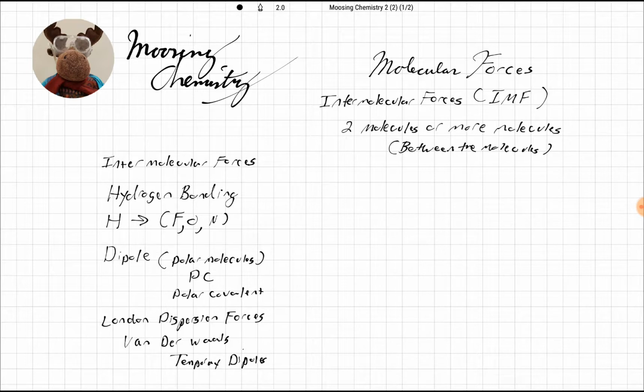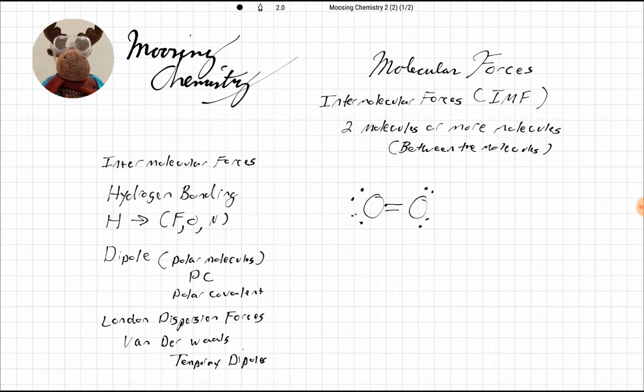A classic example of one of these guys, let's try oxygen. Okay, so oxygen looks something like this. You're going to have a double bond, and then you're going to have lone pairs there, and there, there, and there.